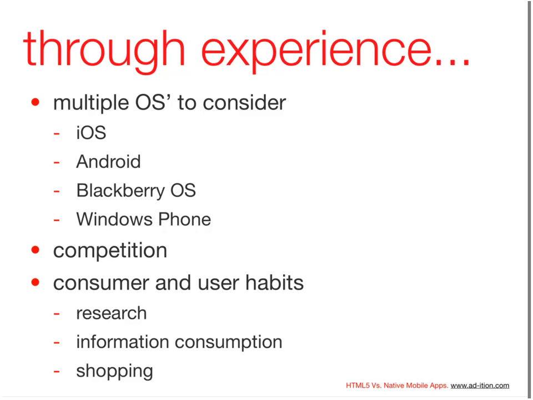The other thing we're finding with our current mobile strategies, which is building an app to speak to one particular operating system, is that it's affecting our time to market, our speed to market. And this is where our competition comes into play.